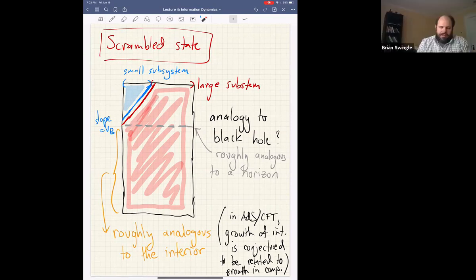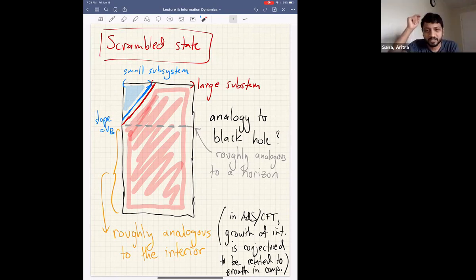Right, the membrane can stay above, but the region of the circuit that I associate with that region depends on what side of the membrane it's on. Once the large subsystem is the radiation, then the membrane is as drawn here, but now I interpret the whole shaded red region as the part of the circuit that the large subsystem can have access to.